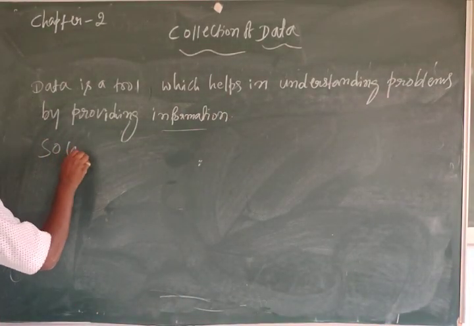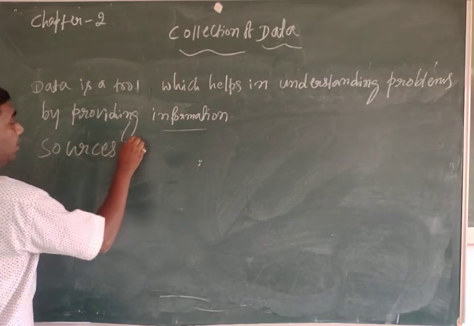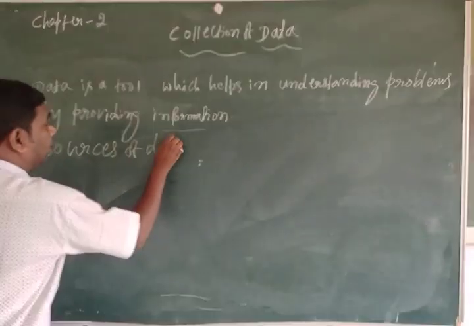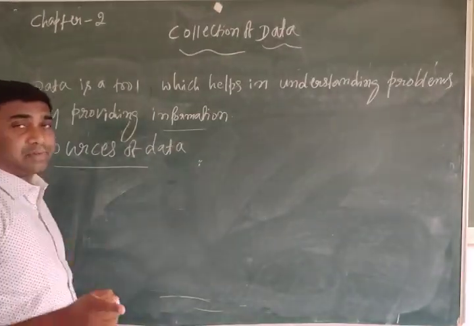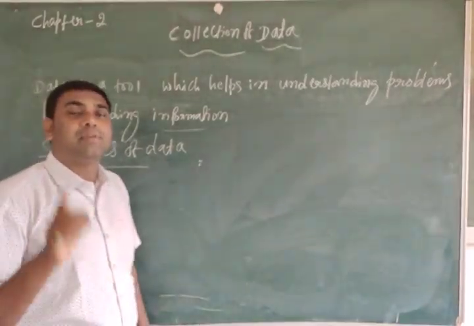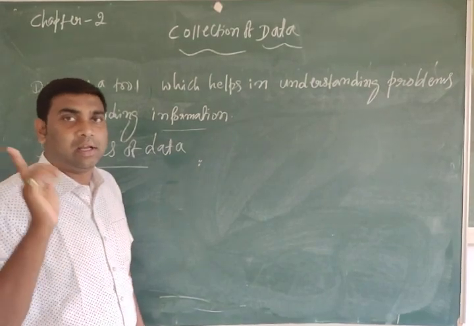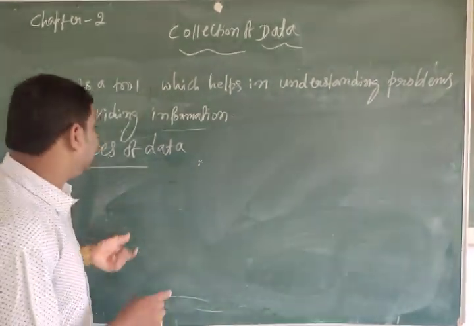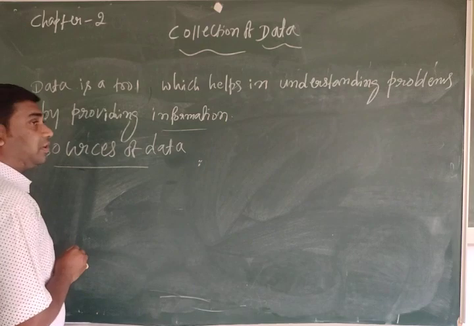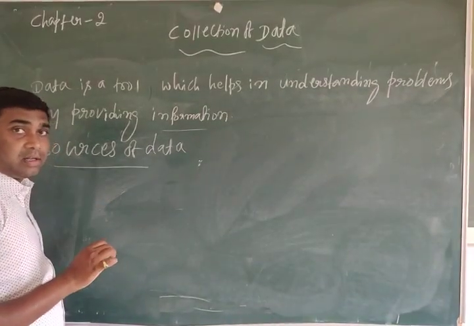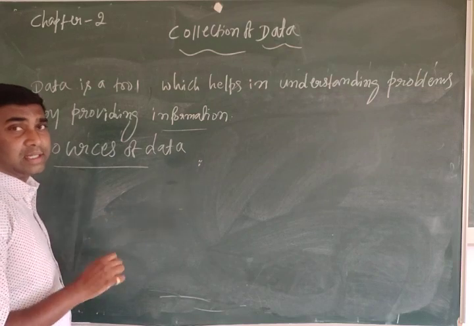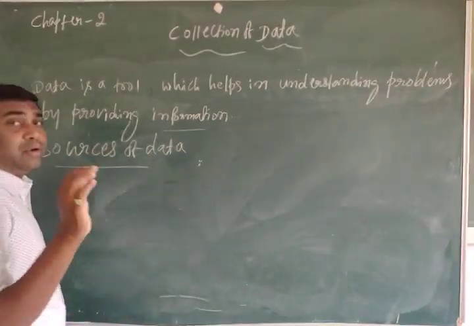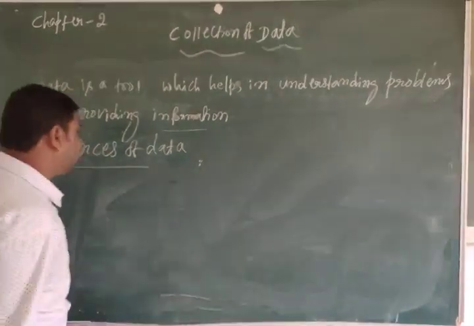In yesterday's class I explained that in this chapter we have to study sources of data and mode of data collection. Very important. Source of data means which way, what are the sources to collect the information, to collect the data? Especially we collect data in two ways.